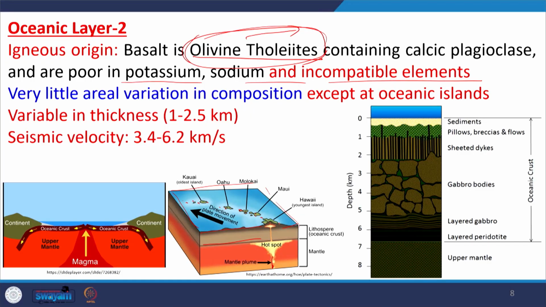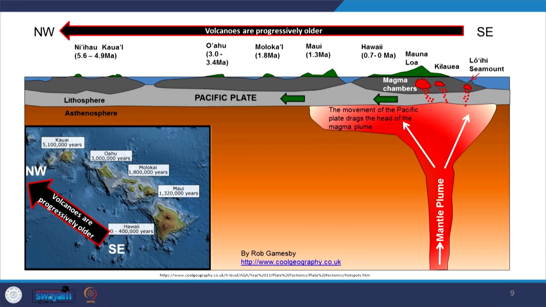So, that is why, except for the hotspot magma or the volcanic islands, all other parts of the oceanic crust are of uniform composition, that is the olivine tholeiite, and this layer has a variable thickness from 1 to 2.5 kilometer, and the seismic velocity varies from 3.4 to 6.2 kilometer per second, which we have already discussed.